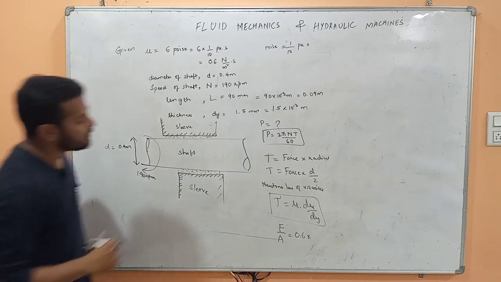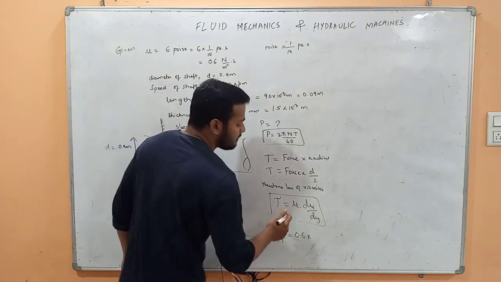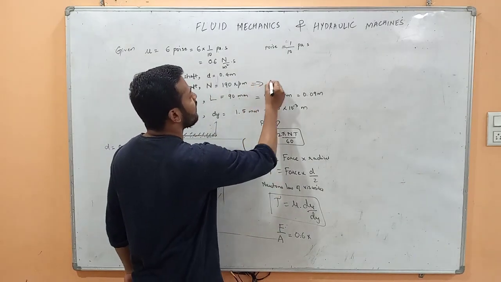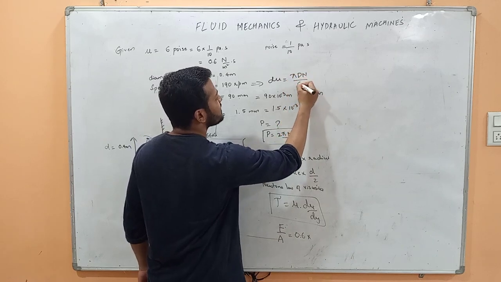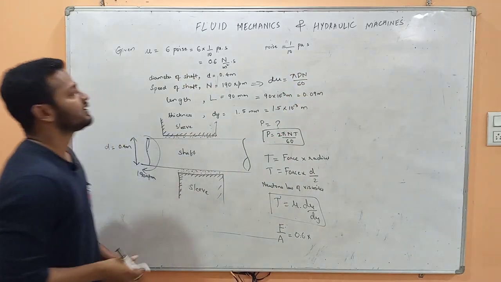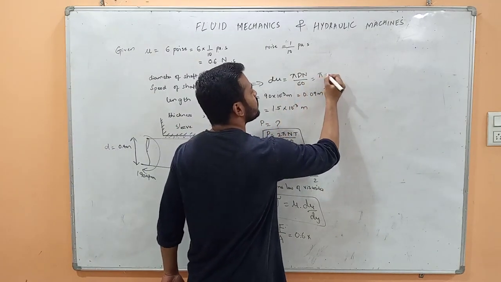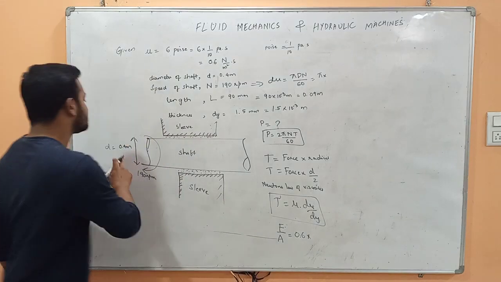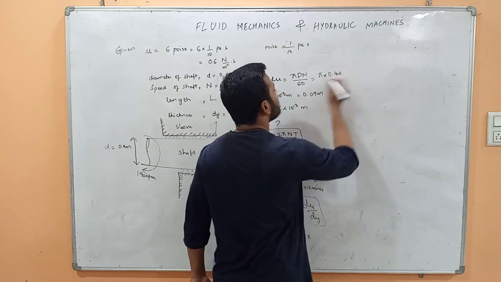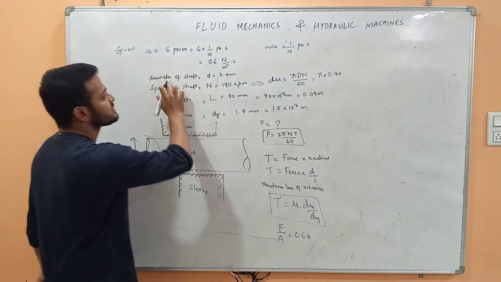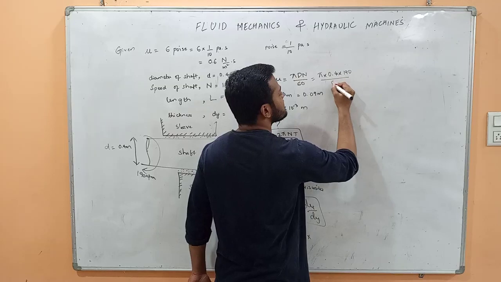Du has not been given in the question, but we can find out the value of du by using the formula pi into d into n by 60. Velocity is pi d n by 60. So pi into d, diameter is given as 0.4 meters, into the speed of the shaft, given as 190 rpm, by 60.